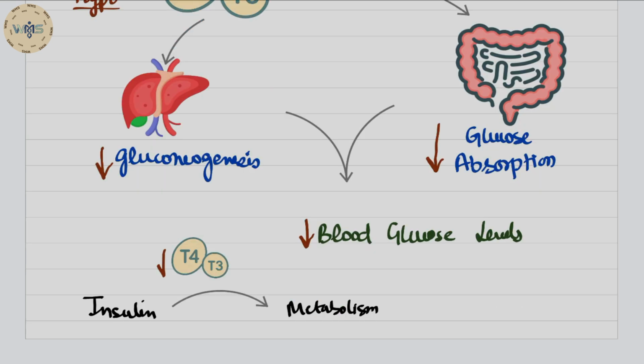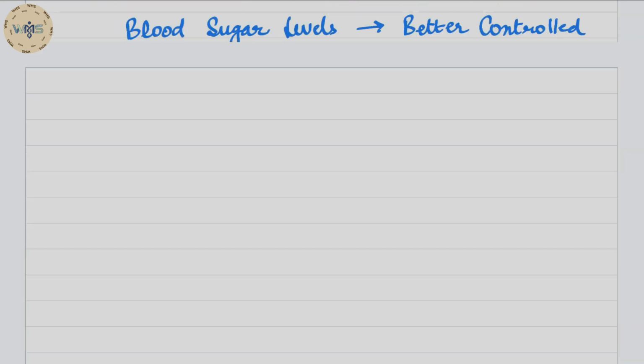Also, because of decreased thyroid hormone, insulin metabolism becomes slower, so insulin action is prolonged. So diabetes control in hypothyroidism appears better because of decreased blood glucose level and increased insulin action. But because of prolonged insulin action, there is increased risk of hypoglycemia.